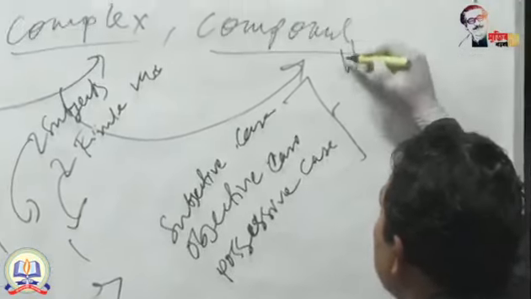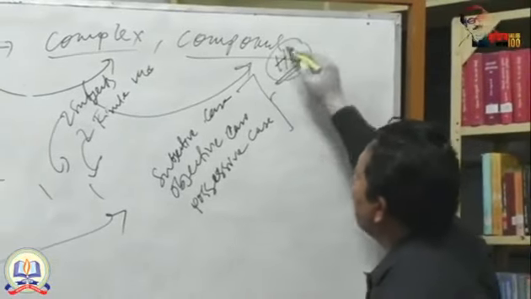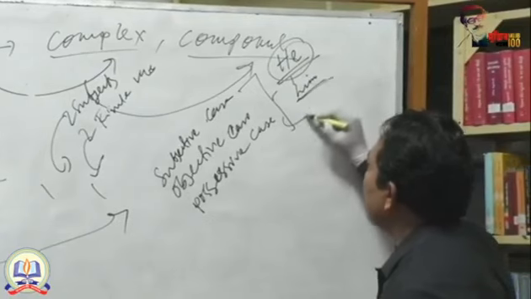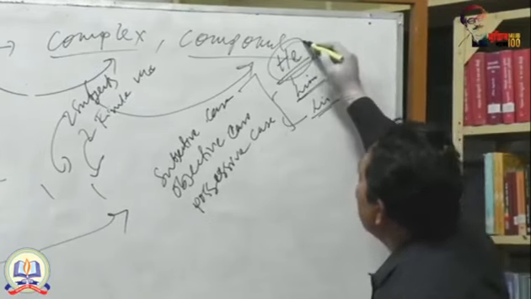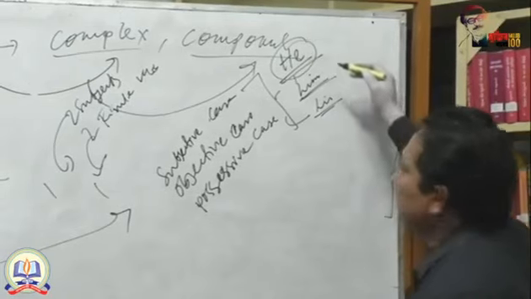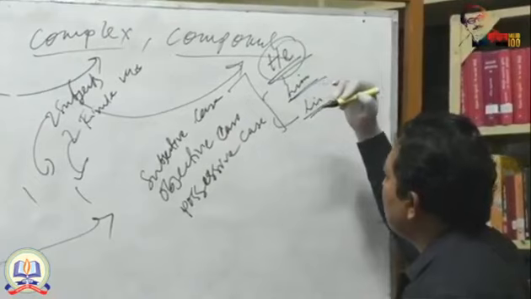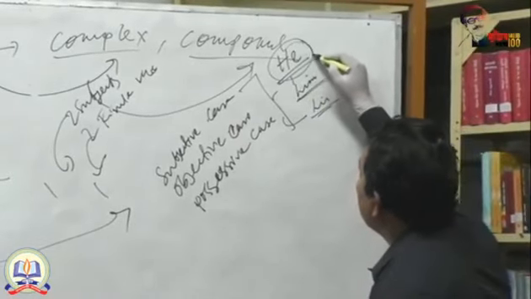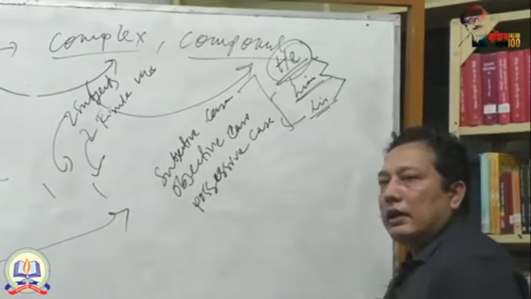Suppose if I say he, it is a subjective form. If I say him, it is objective form. If I say his, it is possessive form. So if you want to change the subject into another order, you can make he to him or his according to necessity.